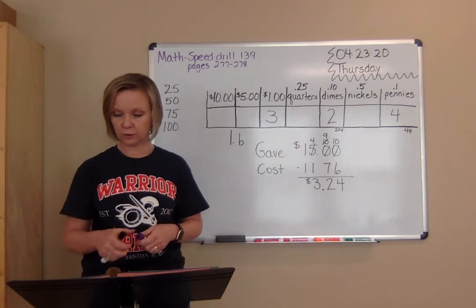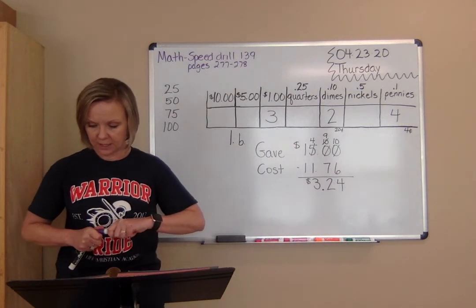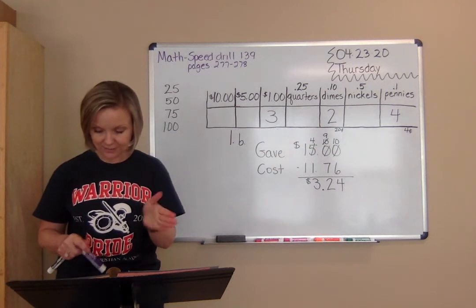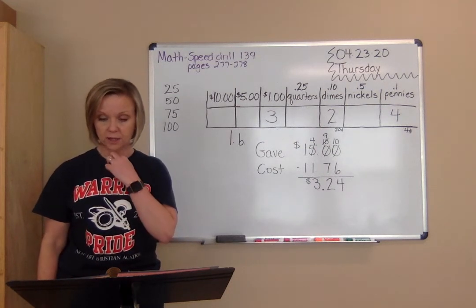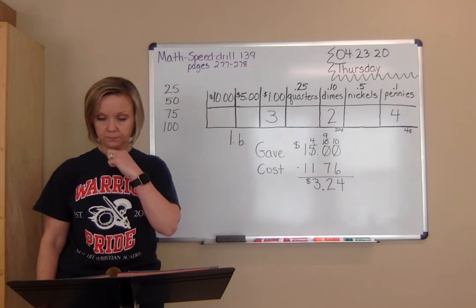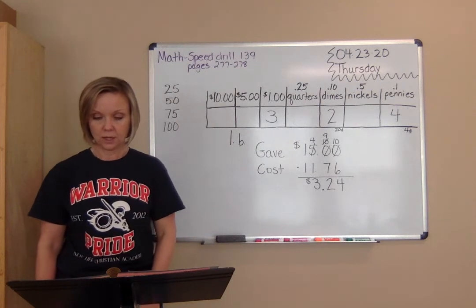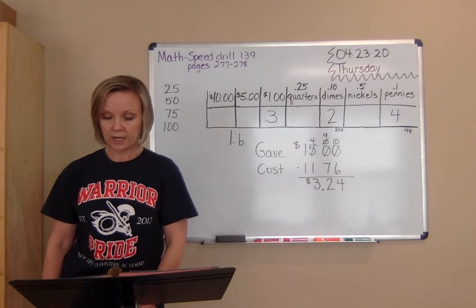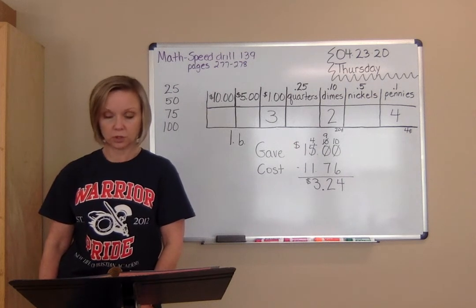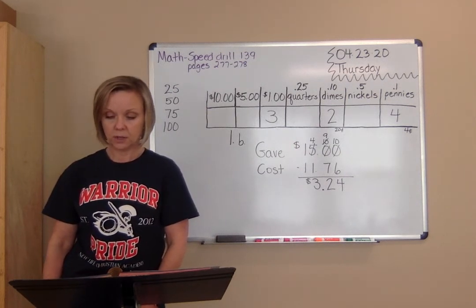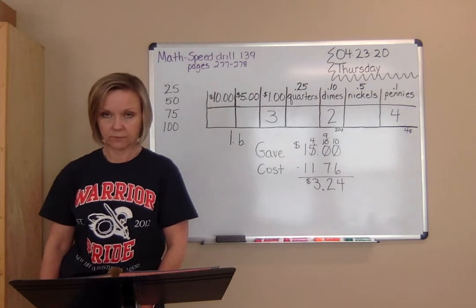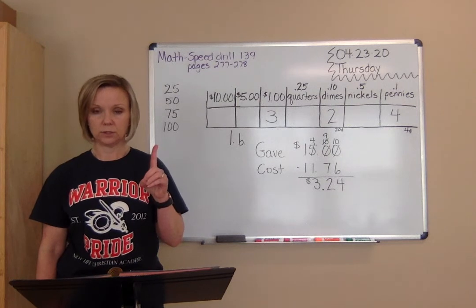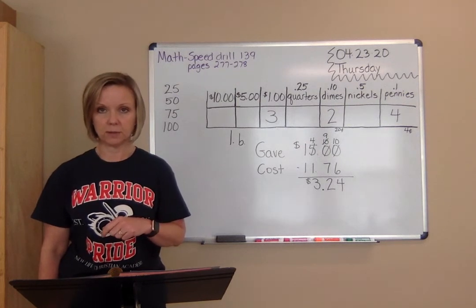If you flip over to the back, page 278, number 3, solve the story problem. Grayson saved $36.24. Jacob saved 1/3 as much as Grayson. How much do both boys have? Another 2-step problem. You have Grayson's amount, but you don't have Jacob's amount.